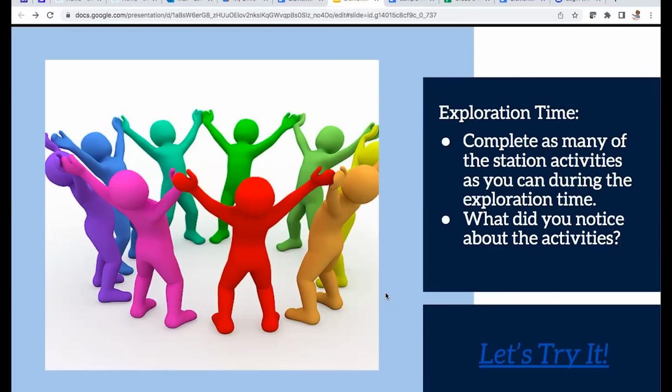And so one of the things that I would suggest you look at when asked about what did you notice about the activities is to note that the activities that we've selected to share with you are activities that don't have a lot of directions for students. They have maybe minimal written information.